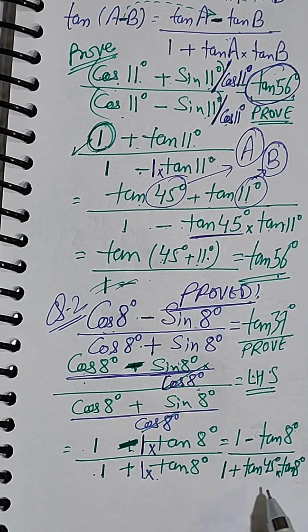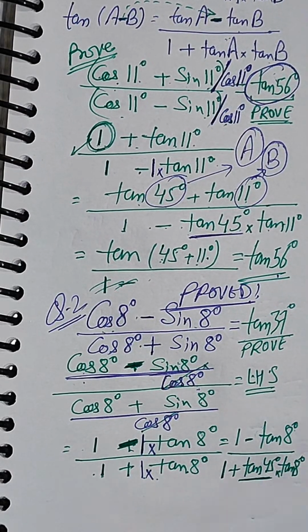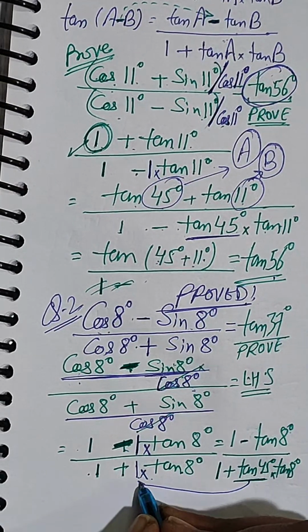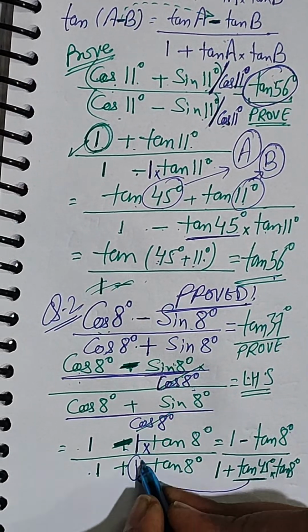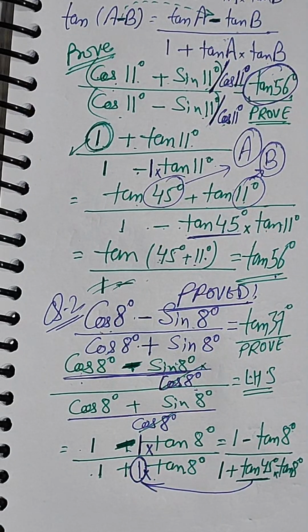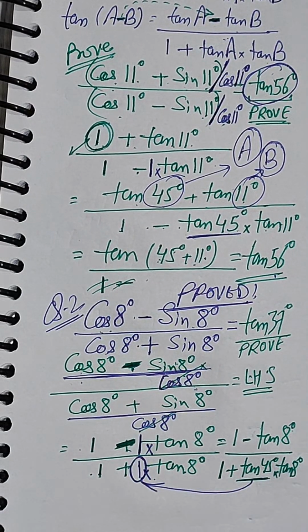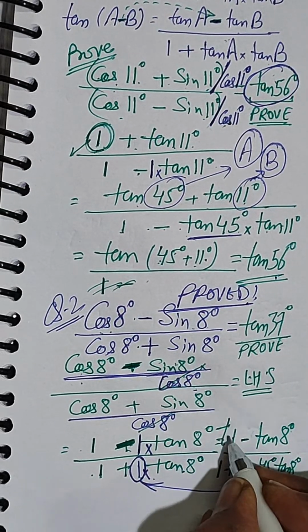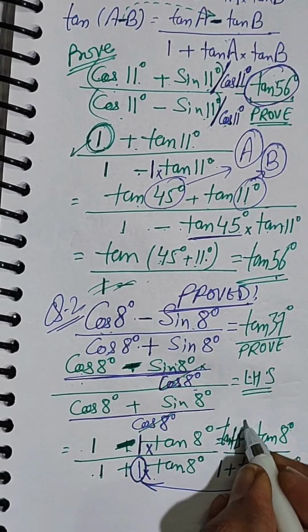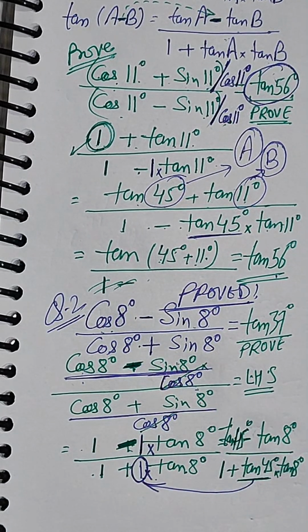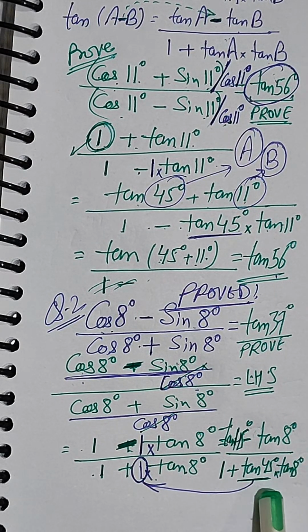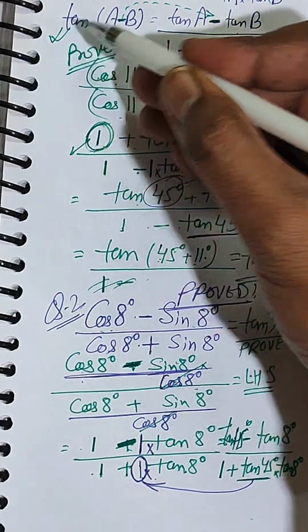Why? Because tan 45 is nothing but equal to 1. So we can write tan 45 as equal to 1. And here also the 1 in the numerator can be written as tan 45 degree. In this way it will be tan 45 degree minus tan 8 divided by 1 plus tan 45 and tan 8.